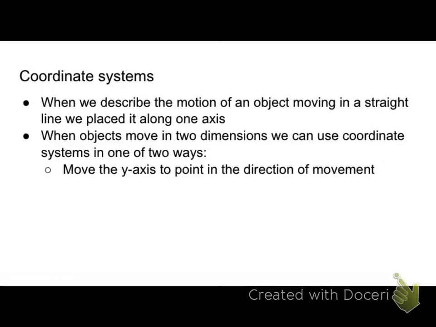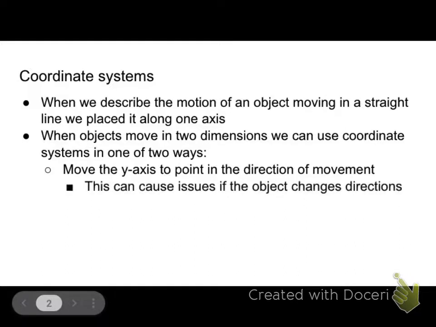That would work. But the problem that this poses is that if your object changes directions, then your coordinate system is no longer pointing in the same direction as the motion, and you run into the same set of problems that you would with the second solution if there's any change of motion. Because in the second type, you can just fix the x and y axes to specific directions.